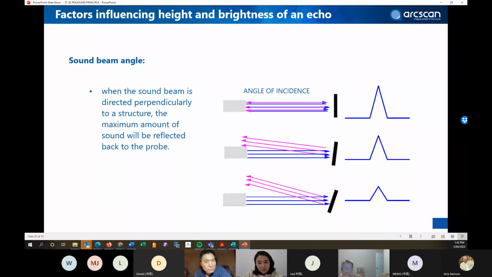So I'll give you an example. When you buy a car, the speedometer says that you can reach 300 kilometers an hour. But in reality, when you test that car, you can probably go to 220.